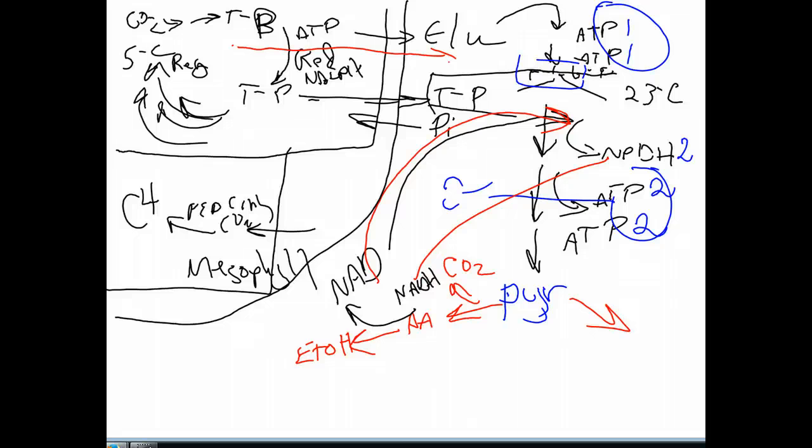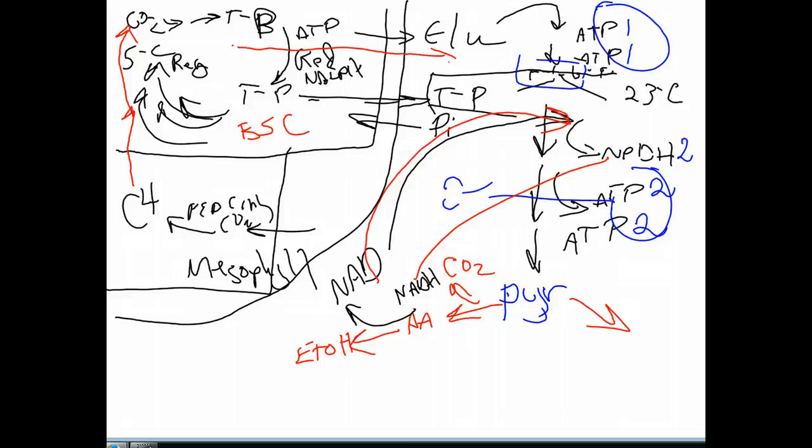Okay? So the take-home message that you should know is that all plants have the normal C3 metabolism, if you want to call it the normal metabolism. With C4s, where are C4 plants found? Where there's a tremendous amount of water and light, so they've got a lot of energy. And so what they do is they fix the CO2 initially into a C4 organic acid, which is then moved into the bundle sheath cells, where it's decarboxylated, and now it enters the normal C3 photosynthesis.